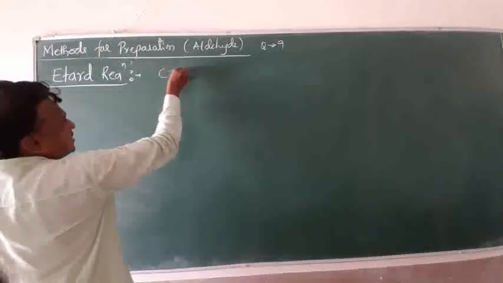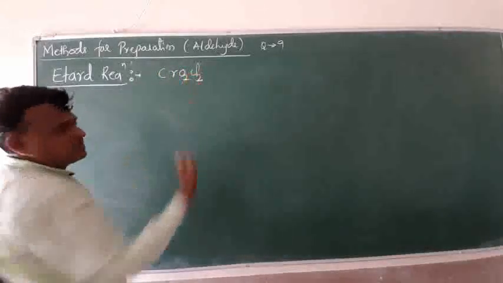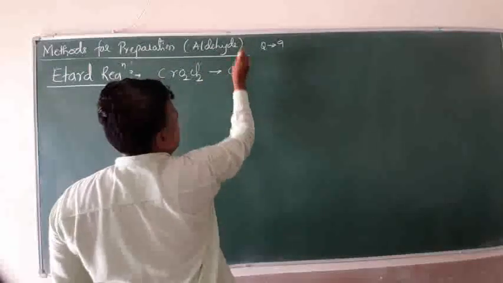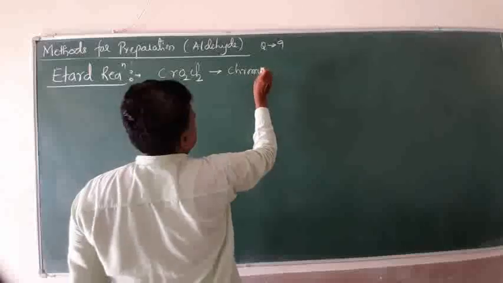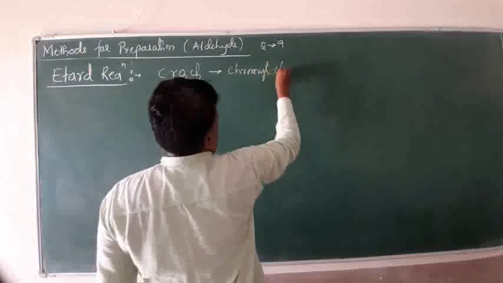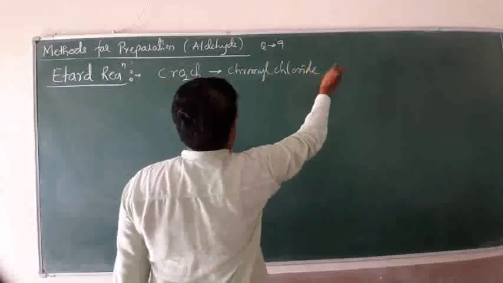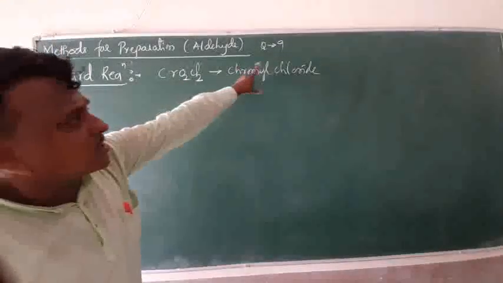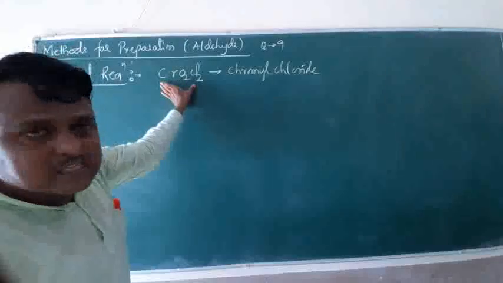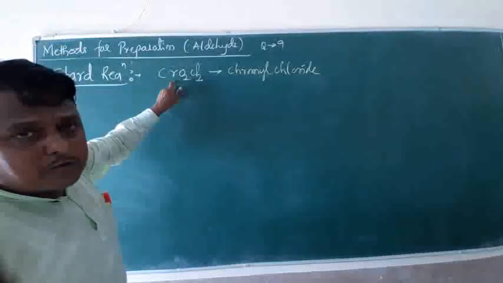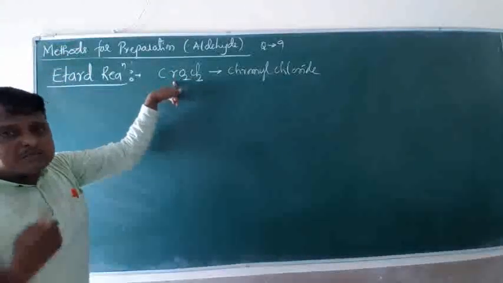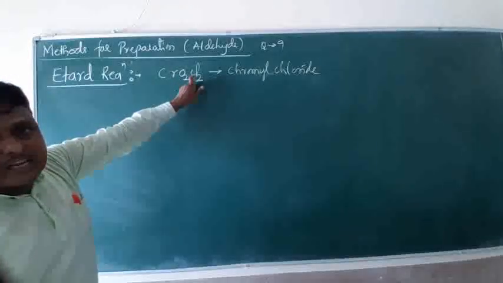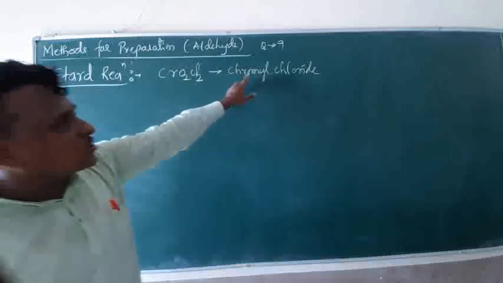The name is CrO2Cl2, chromyl chloride. This is coming from the derivative of potassium dichromate and concentrated HCl and any halide salts.